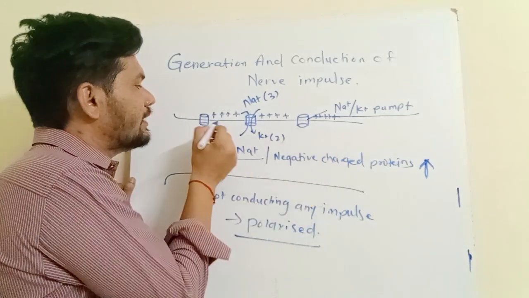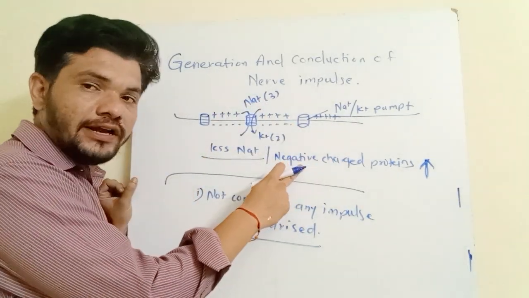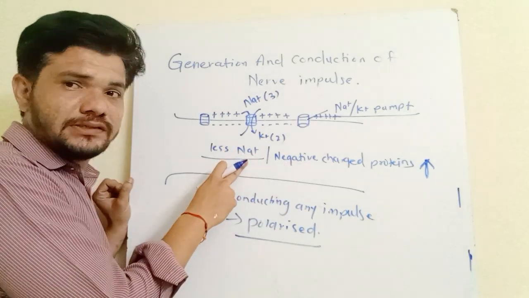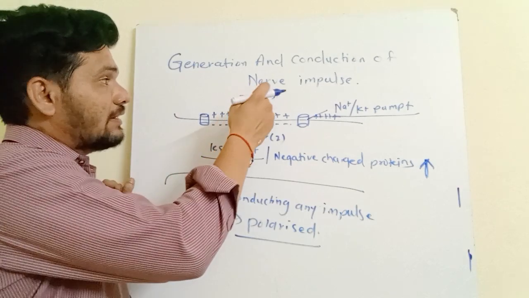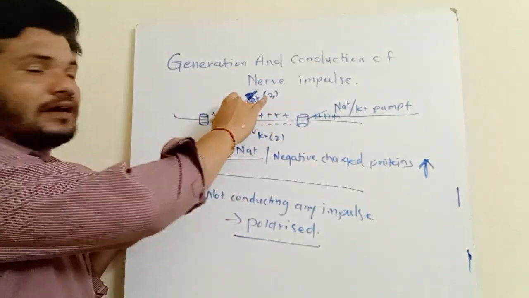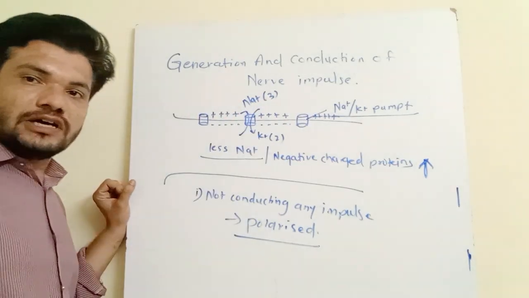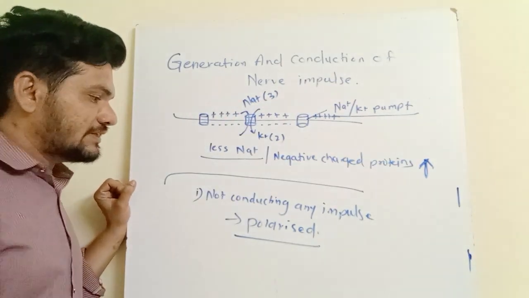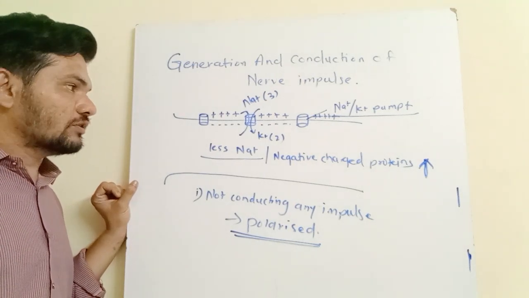So that's why inside it is negative charge, because there are more negatively charged proteins and less Na plus ions, more K plus ions inside, more Na plus ions present outside and less negatively charged protein. That's why positive charge outside the membrane. This is the polarized state of neuron or axon.